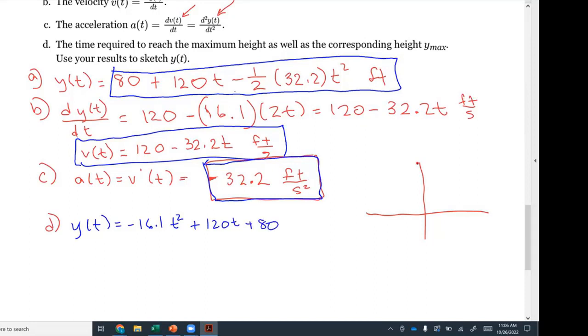Now we can see that it's a parabola facing down. I don't know much more about anything. I don't know where it hits. All I know is it's opening down, and I know this is its maximum height.